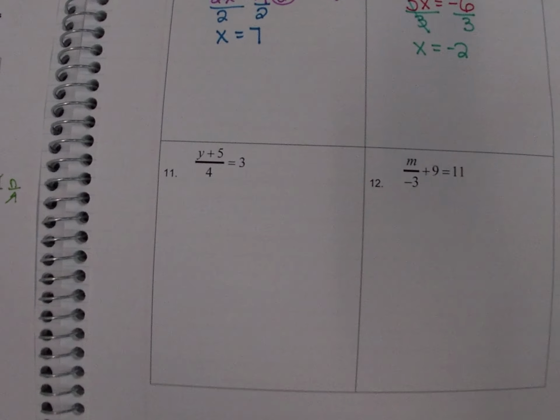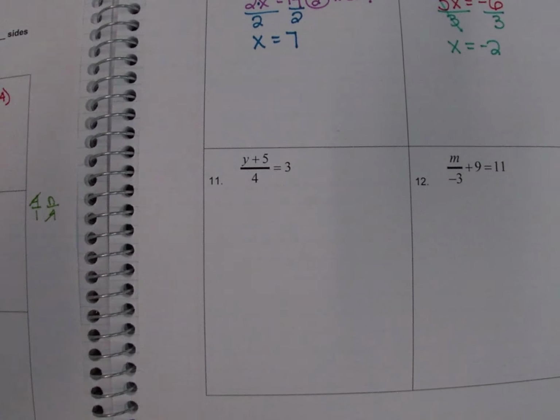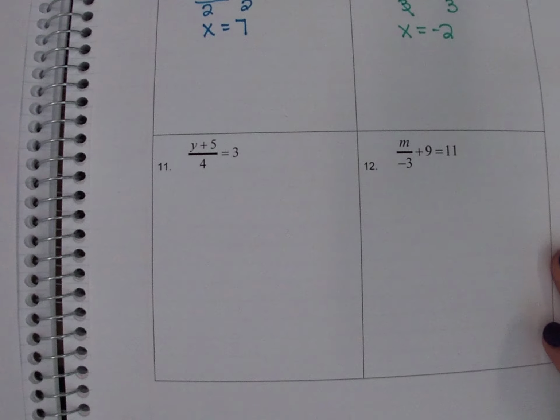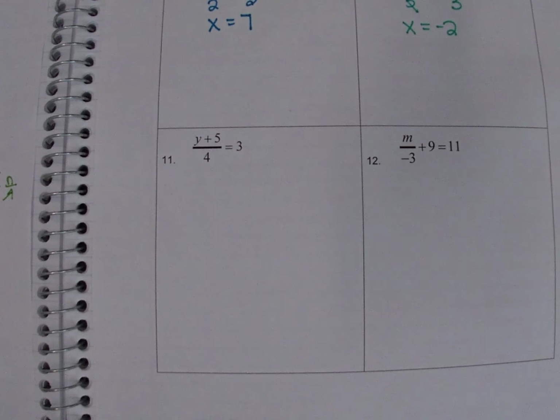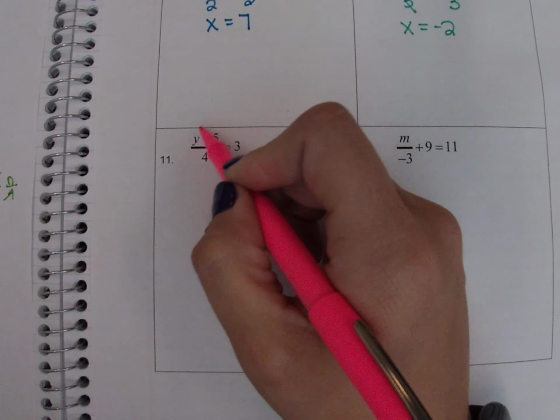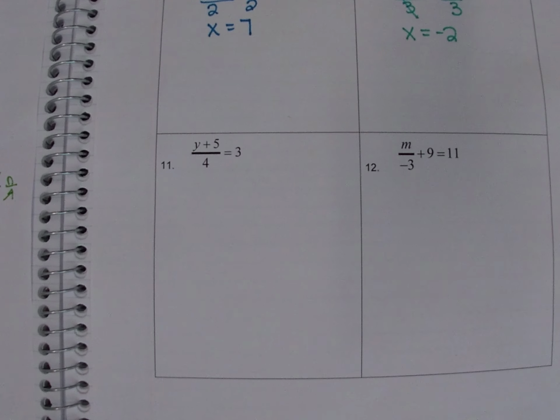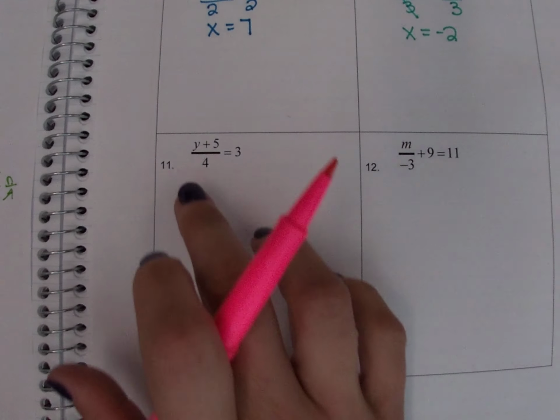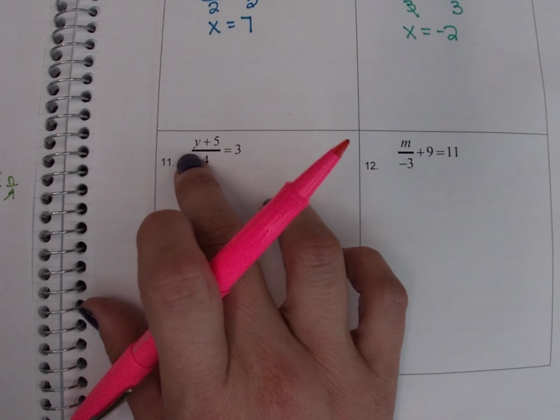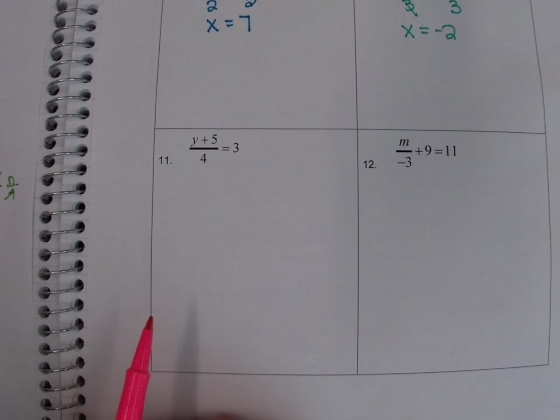Now, number 11 is a very unique situation. If we follow our rules and we say, well, we're doing order of operations backwards, it says to undo addition and subtraction first. And so my students say, okay, well, I'll undo adding 5. But we have this small dilemma here, that this really has multiple things happening in the numerator.